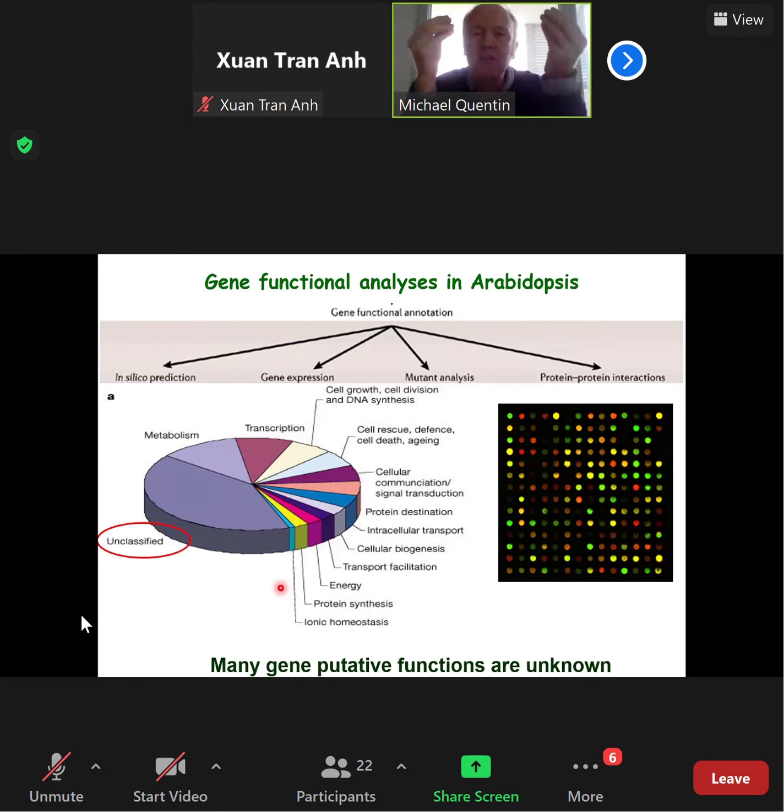So there is a real need to better describe the function of plant genes. And that's why functional genomic tools are really required.